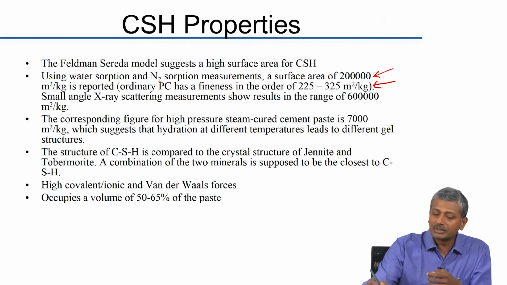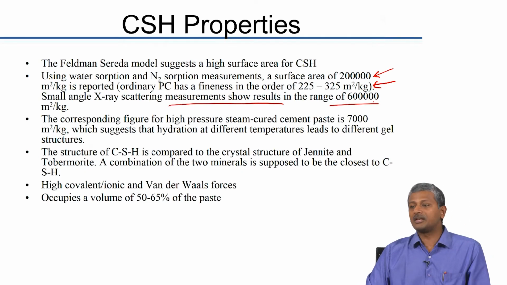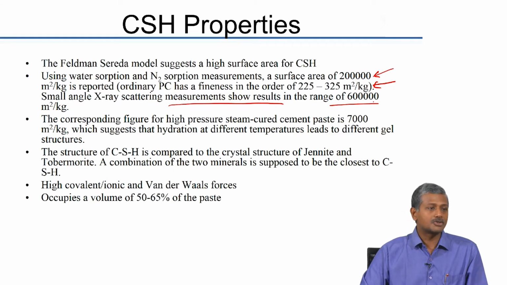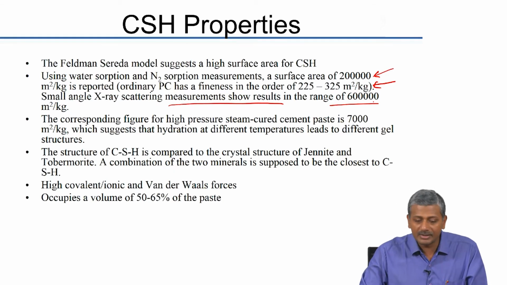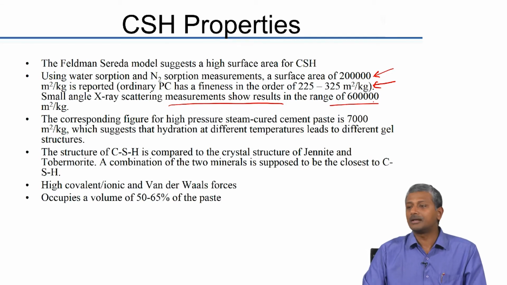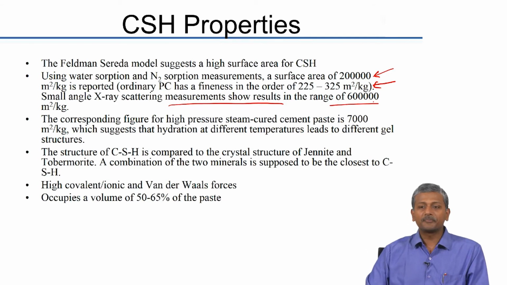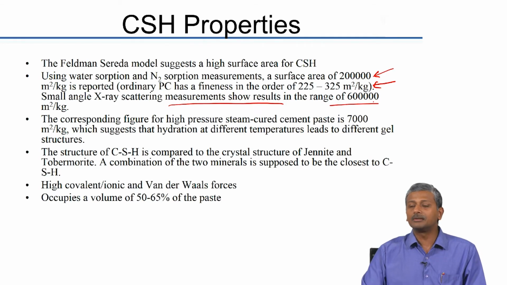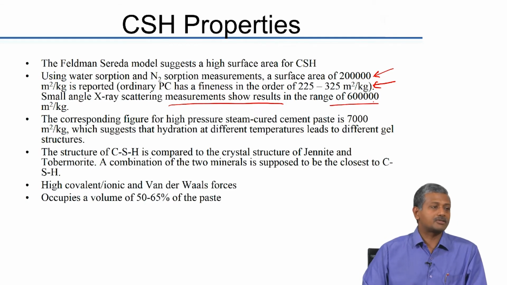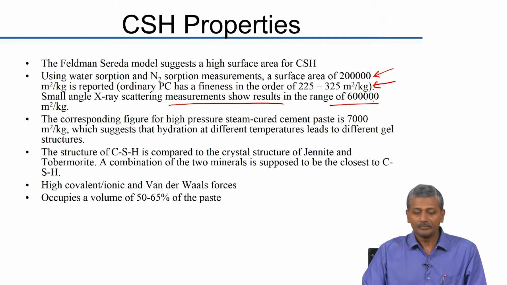Now of course depending on the technique, you can actually show this surface area of CSH to be even as high as 600,000 square meters per kilogram, but we are not here to discuss the technique. Our idea is to try and understand what happens to the cement, which is a fine grained particle, how does it convert into a sheet like structure which has extremely high surface area.